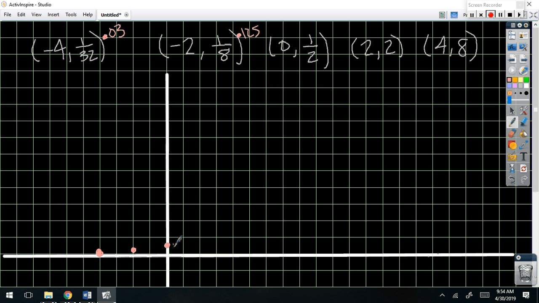Then 2, 2, and so on up to 8. If I connect these, what does that look like? Exponential.